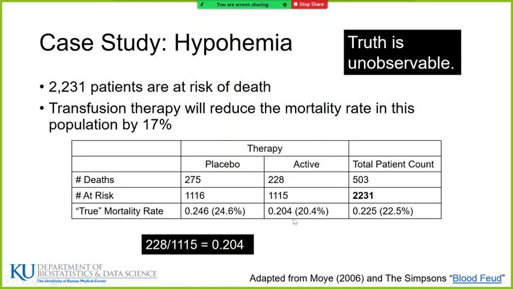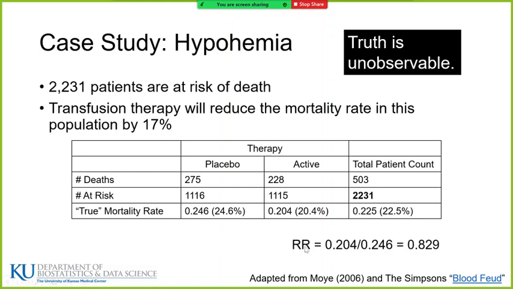And when we have percentages like this, we don't necessarily just subtract and say it was about a 4.2% reduction. That's like an absolute reduction. We want to look at a ratio. And so we take something called a risk ratio, where we take the risk in the treated group and divide it by the risk in the untreated group. And that ratio is 0.829.